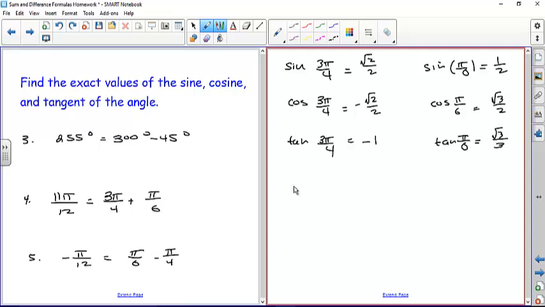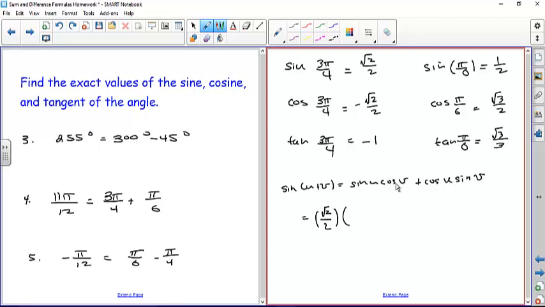Okay, so now that I've got all that, all I have to do is use the appropriate formulas for adding. So we have the sine of u plus v is the sine of u cosine of v plus the cosine of u times the sine of v. So the sine of u is the square root of 2 over 2.